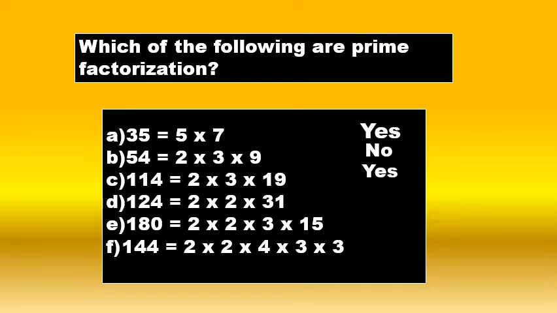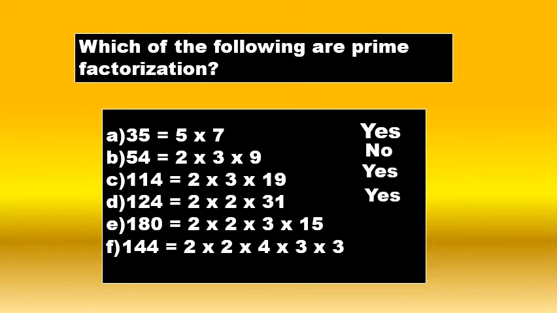Next we have 124. The prime factors are 2, 2 and 31. All the three numbers are prime, and when you multiply all three of them, the product is 124. So it's a yes. Next is 180. Here the factors are 2, 2, 3 and 15.